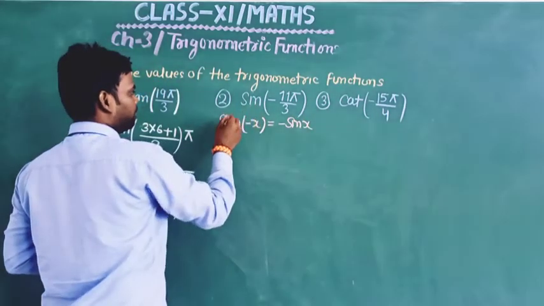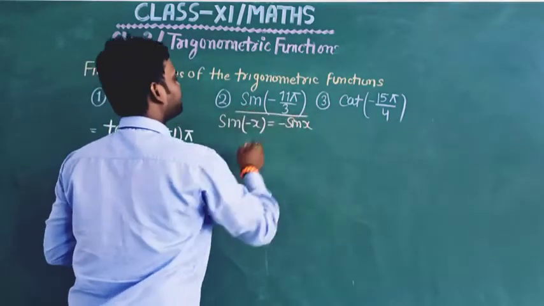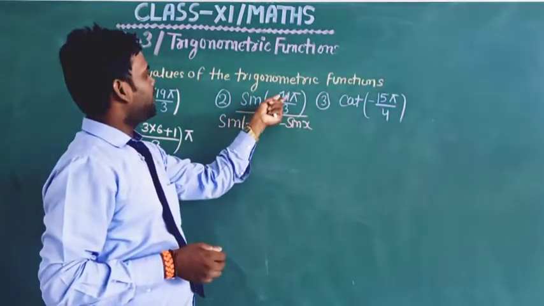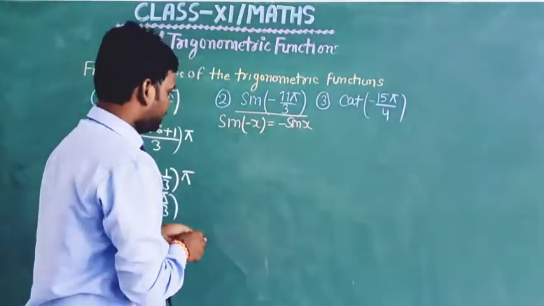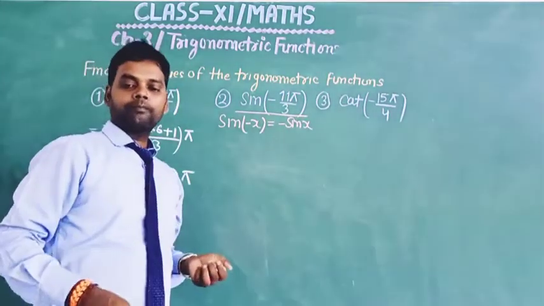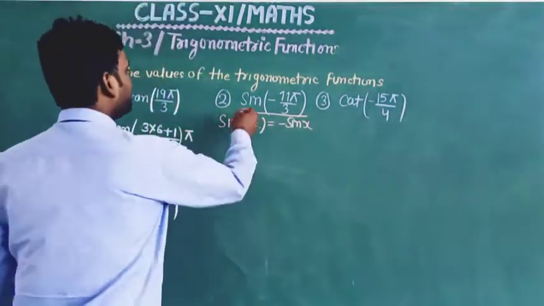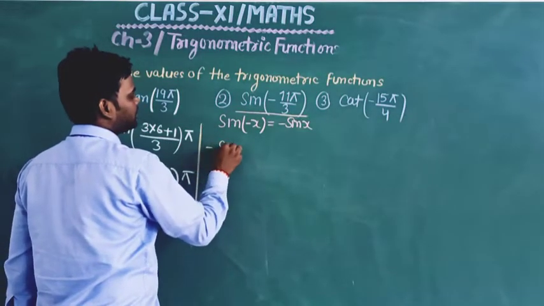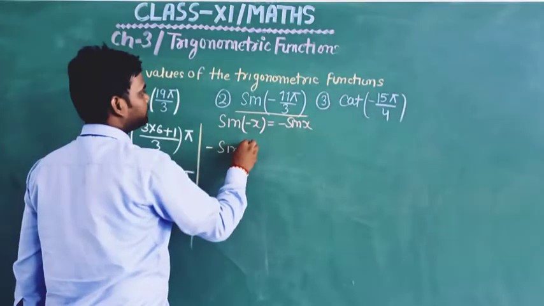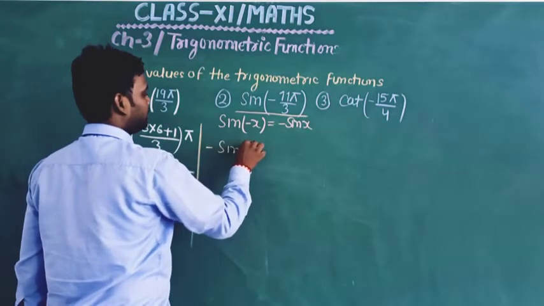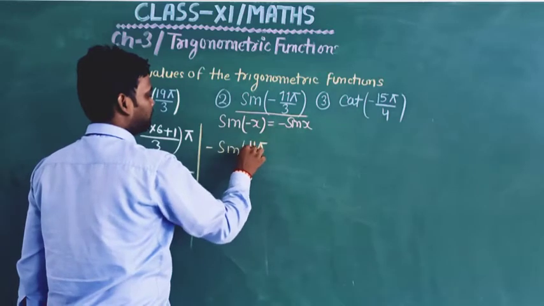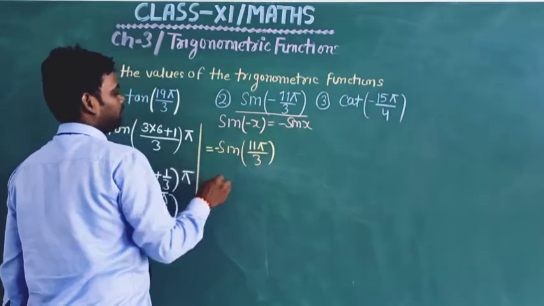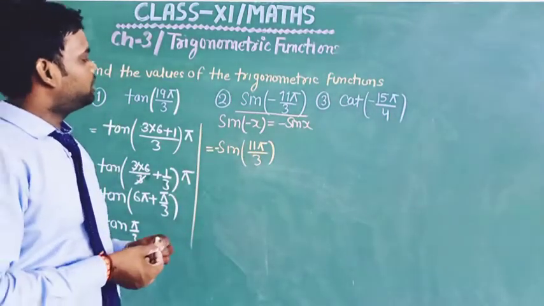So the given sin(−11π/3) becomes minus sin 11π/3.